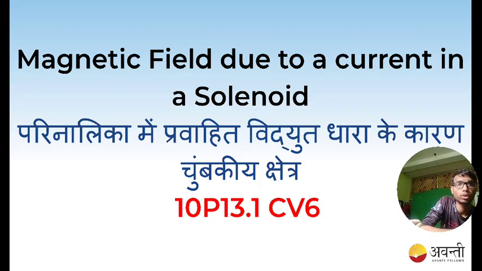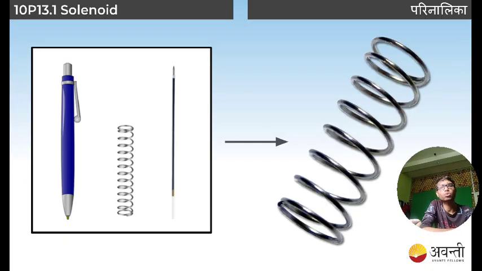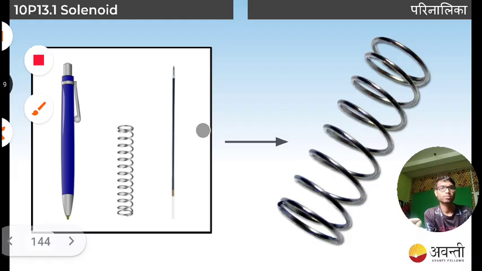Magnetic field due to a current in a solenoid. What is a solenoid? We are at the last topic. This is a solenoid. It is a conductor.